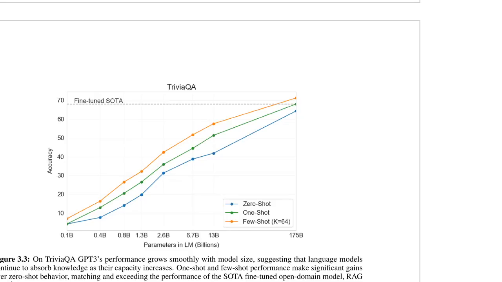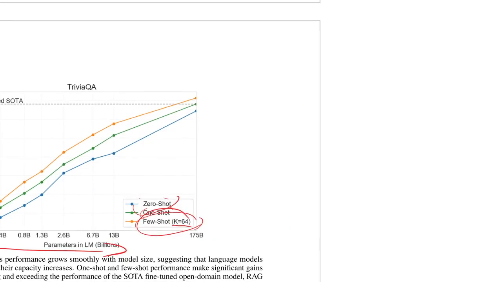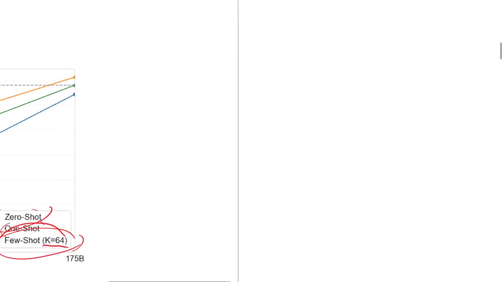And as you can see, as you scale up the language model, you get the 0-shot, 1-shot, and few-shot predictions. In few-shot, you give 64 different examples from the training set in the context. So your context is going to look something like this, and they have examples at the bottom. I haven't looked at the QA task, but the example is going to be something like this.